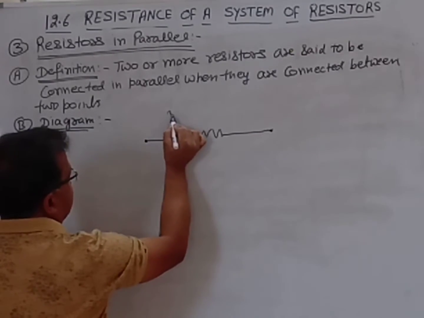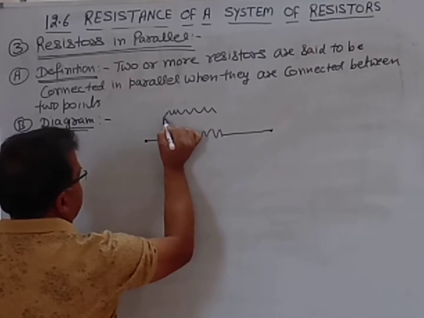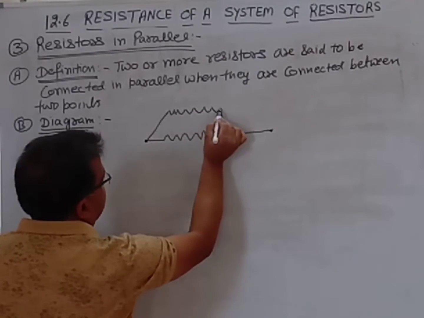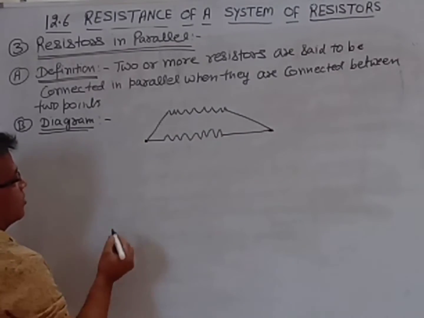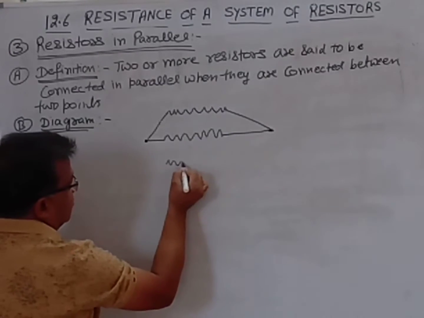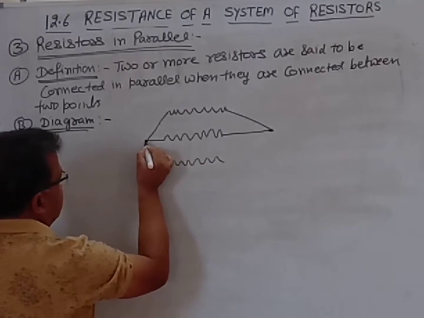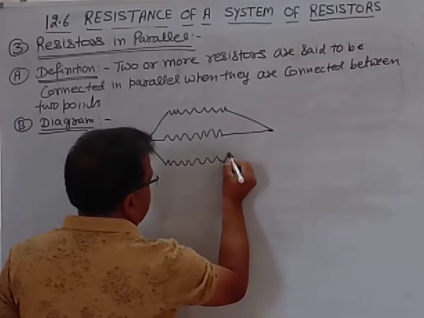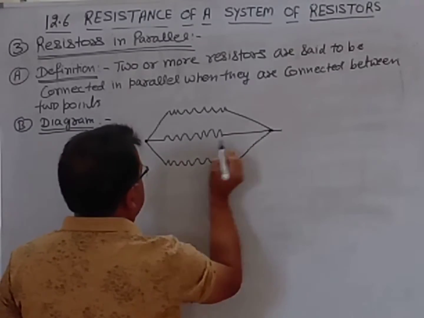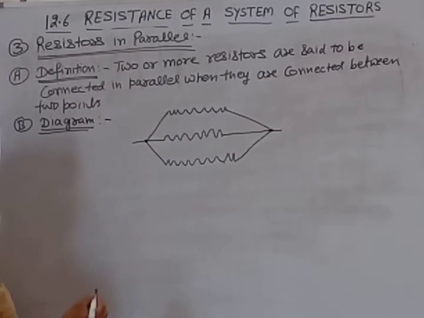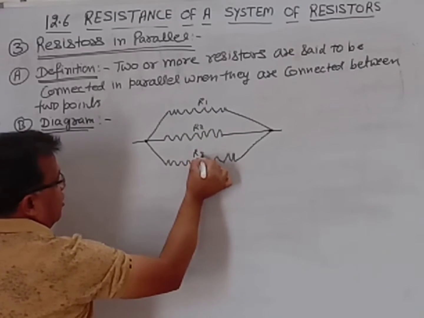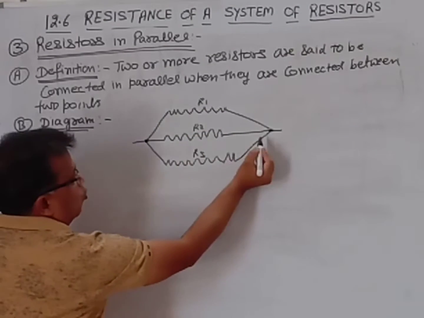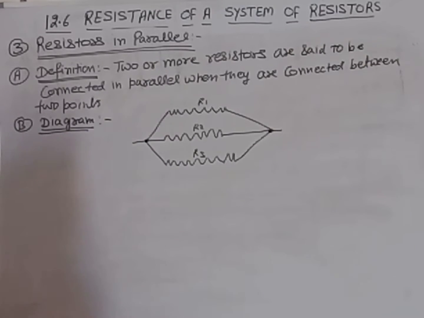Similarly, this resistor is also connected between these points, and this resistor is also connected between these. Thus, three resistors R1, R2 and R3 are connected between two fixed points. Therefore, these are termed resistors in parallel.